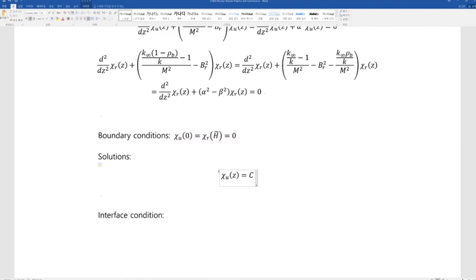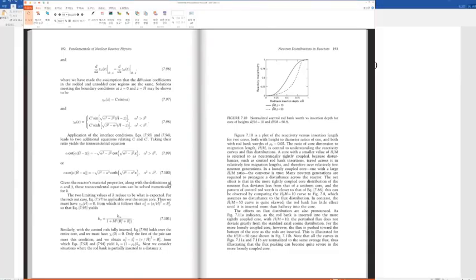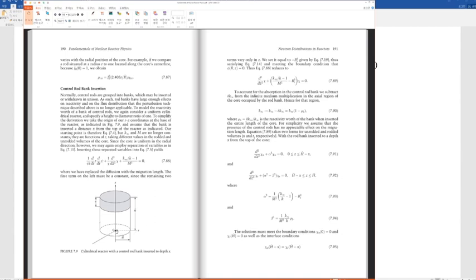Let me show you the textbook once again. So that means it should be either sine or cosine, and at z equals 0, the neutron flux should be 0. So between sine and cosine, the sine function satisfies that property.